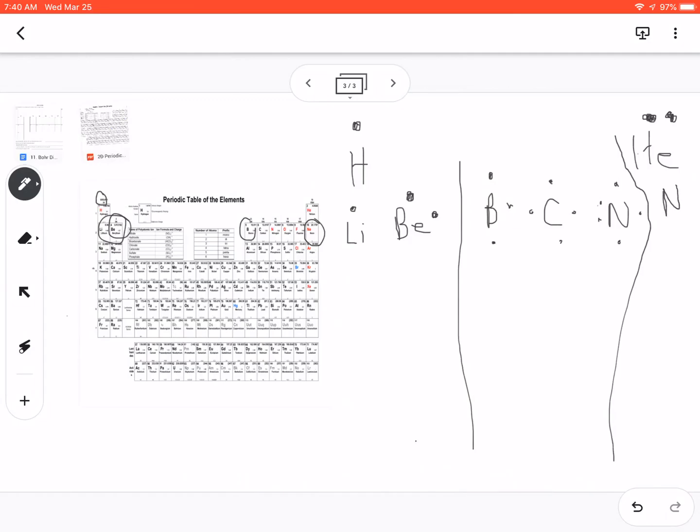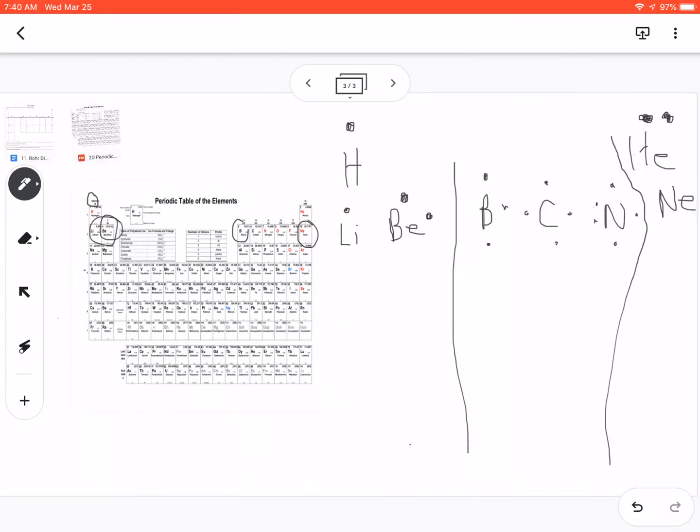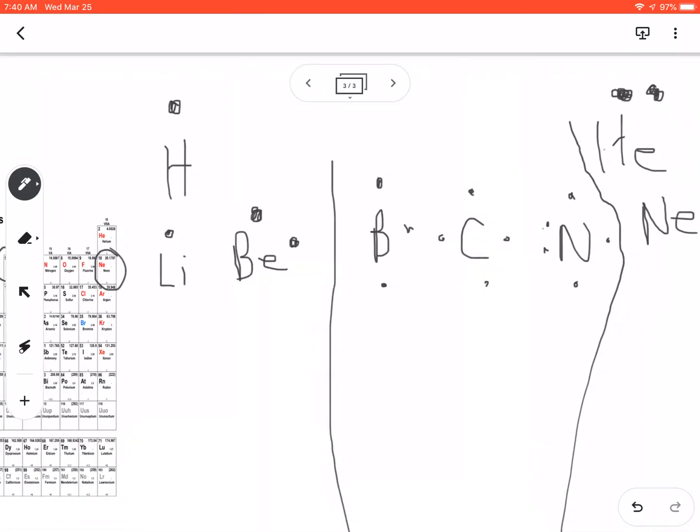Neon. And neon is going to have, I'm in trouble because I'm on the end of my page, but let's see if I can do it. 1, 2, I can't draw over there. Let me see if I can fix it. I got to erase. I apologize. Erase, erase, erase. Let's try neon.